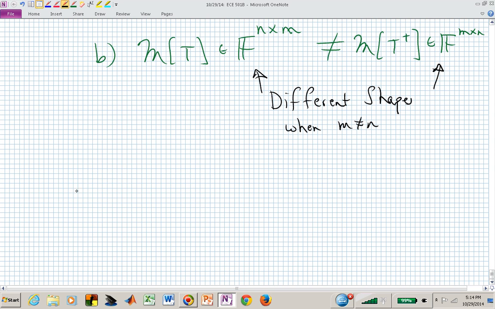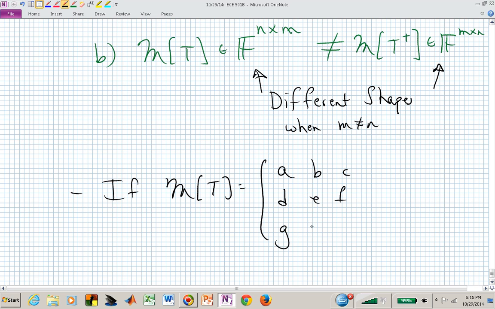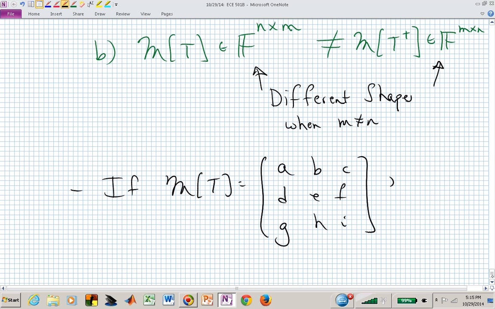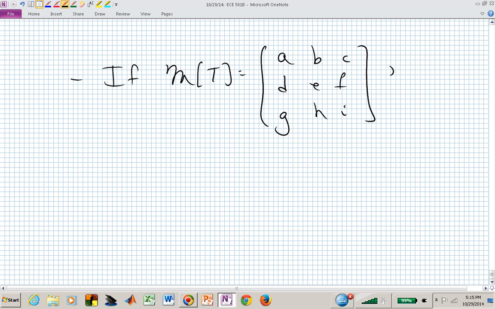And if we start, let's say the matrix representation of T is A, B, C, D, E, F, G, H, I, and I is not the square root of minus 1, it's just a variable. What is the matrix representation of T dagger?